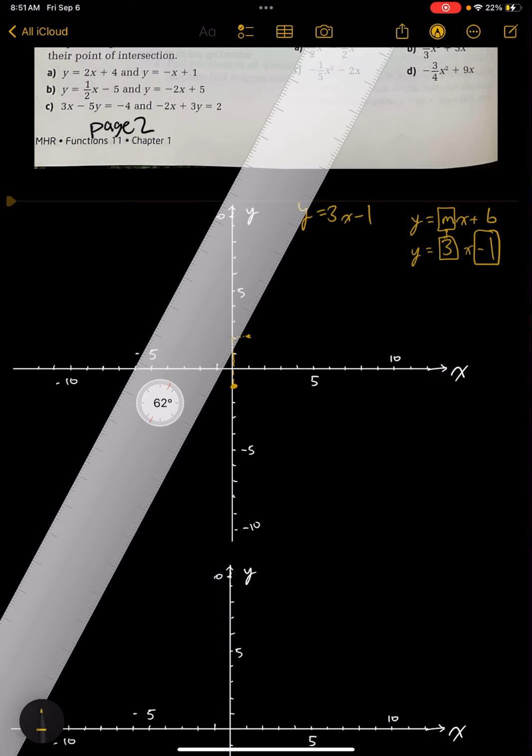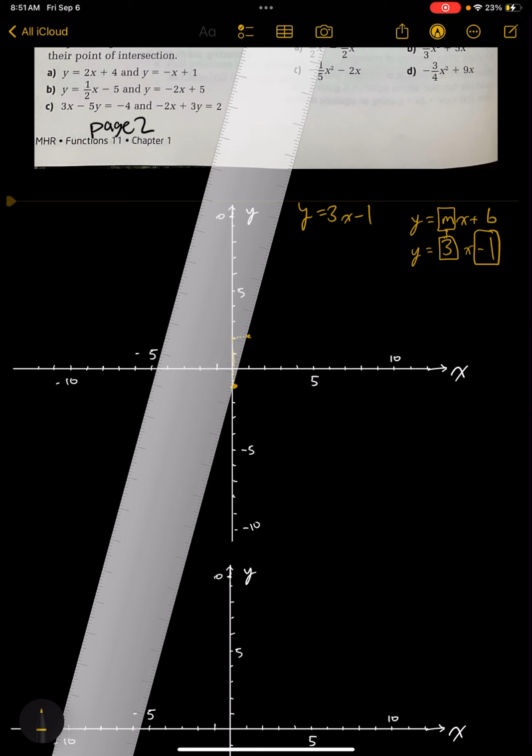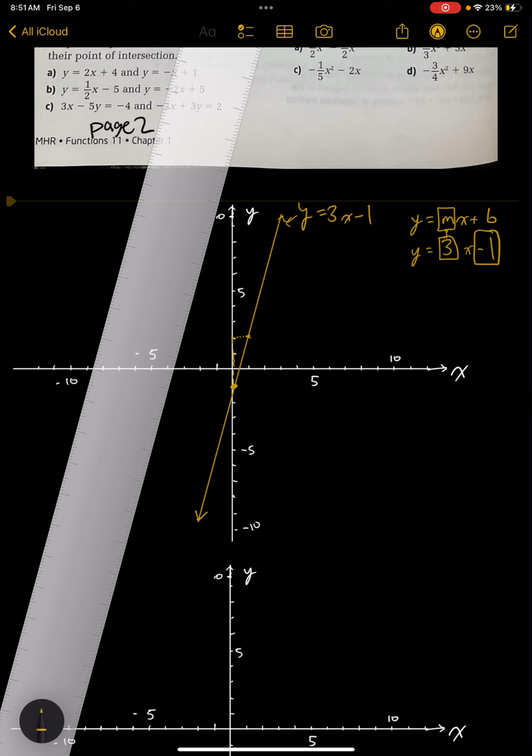And then you join both points, and you have your equation. Put an arrow on both sides because it keeps going, y equals 3x minus 1.